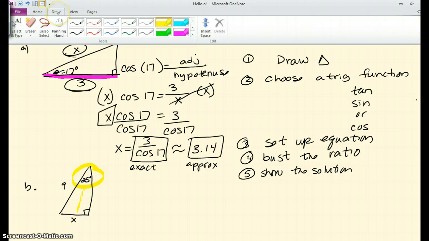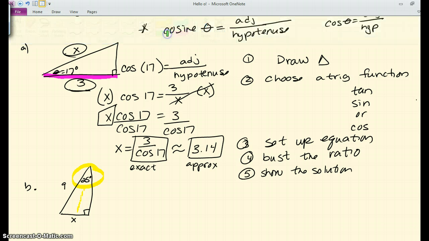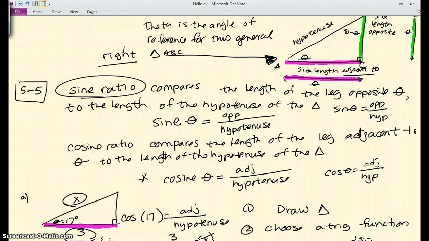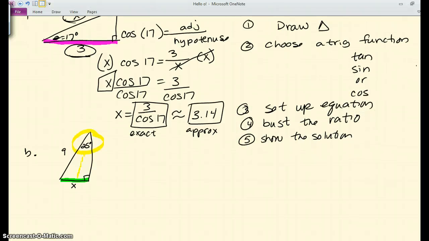And my opposite side was highlighted with green in my original triangle. So I want to choose the ratio that has the opposite compared to the hypotenuse.